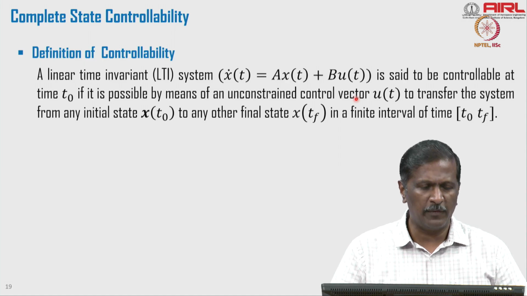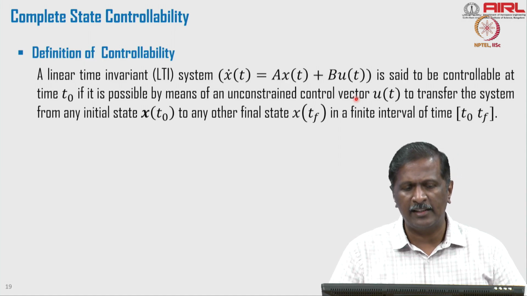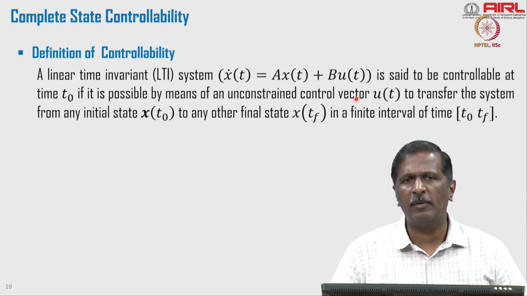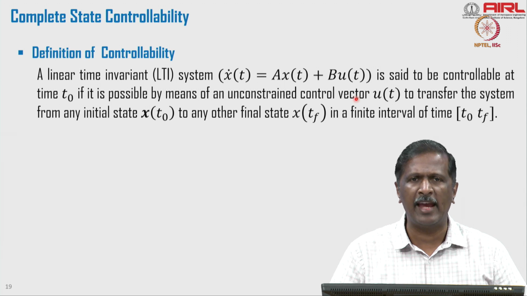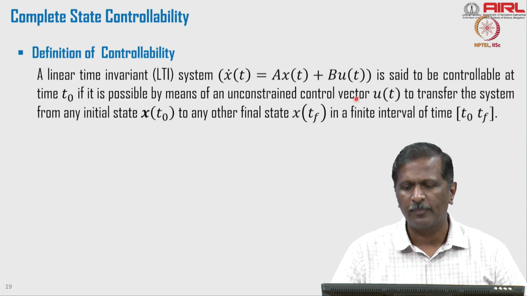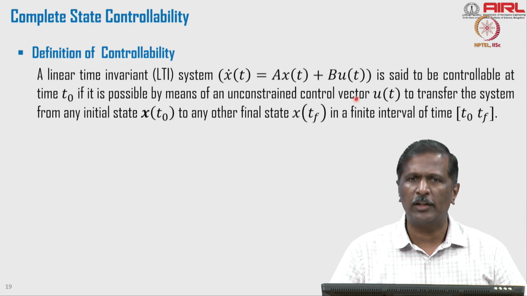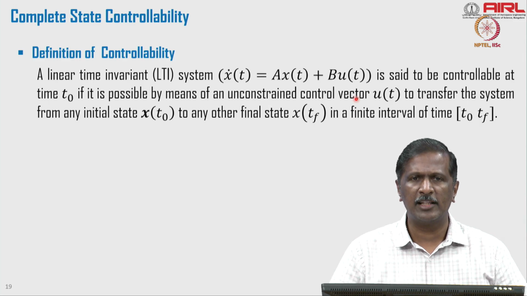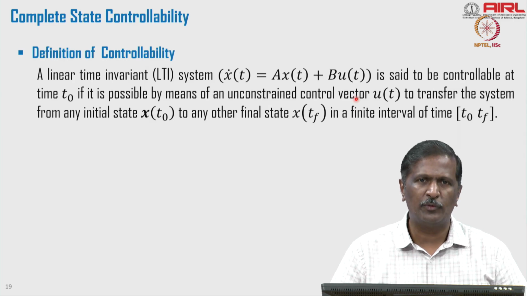What we are going to do is consider a linear time invariant system, which is represented in the form x dot of t is equal to Ax of t plus Bu of t. For ease, I am going to drop the term t. I am going to say x dot is equal to Ax plus Bu. That system is said to be controllable at time t naught if it is possible to find an unconstrained control vector.